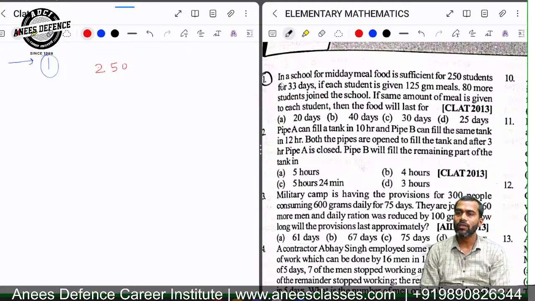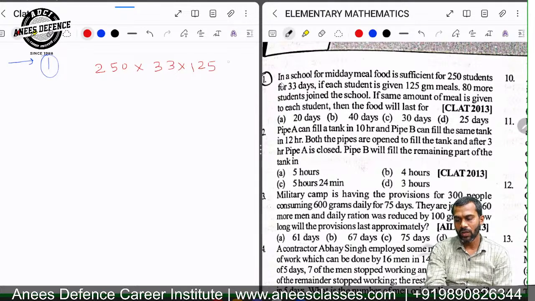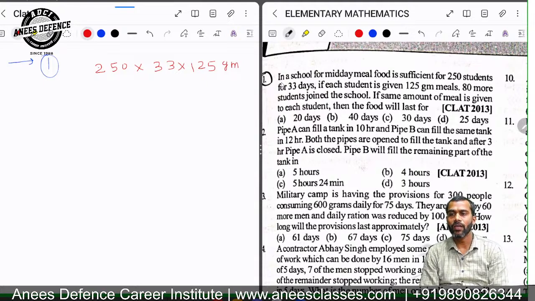I mean, it will last the original meal. 33 days. It will last for 33 days. So the total meal would be 250 into 33 into 125 grams. Is there any doubt? Now, this is the total meal.